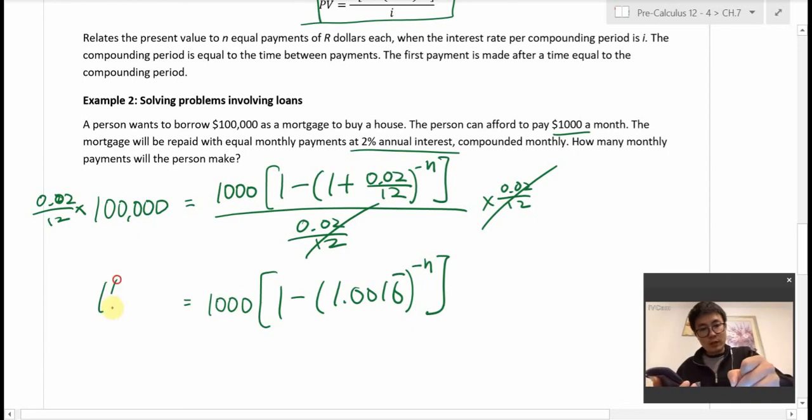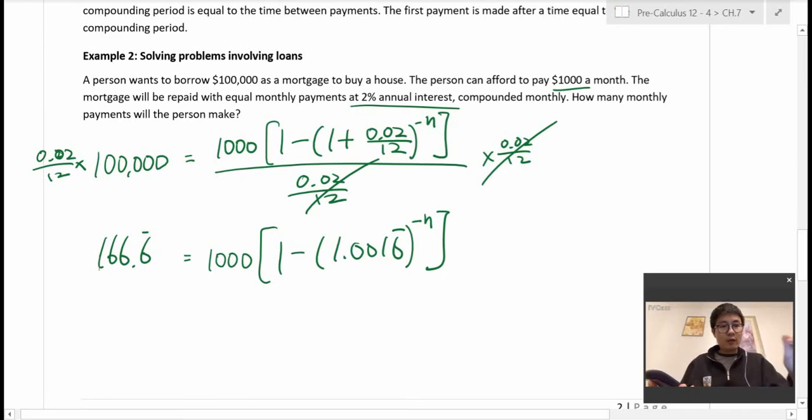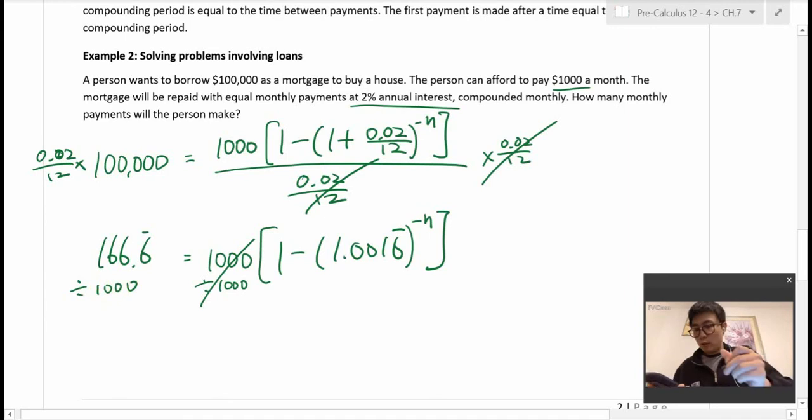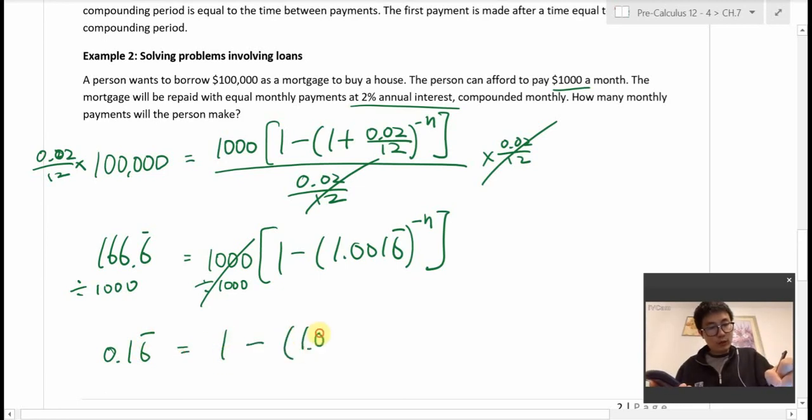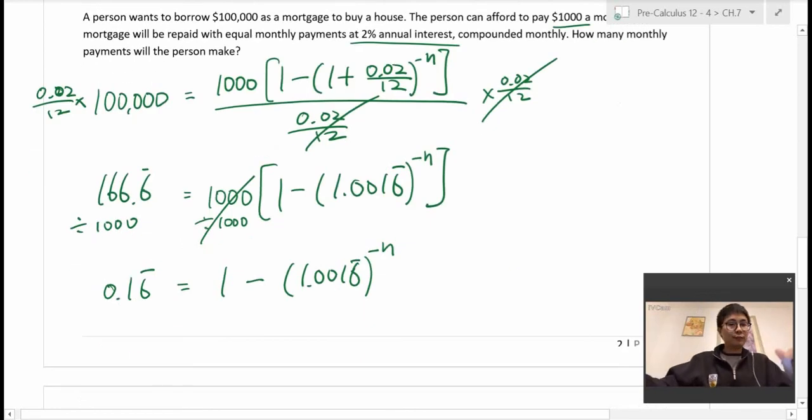You get 166.6 repeating, divided by 1,000 on both sides. Divided by 1,000, so they will cancel out. 0.16 repeating is equal to 1 minus 1.0016 repeating to the power of negative n.